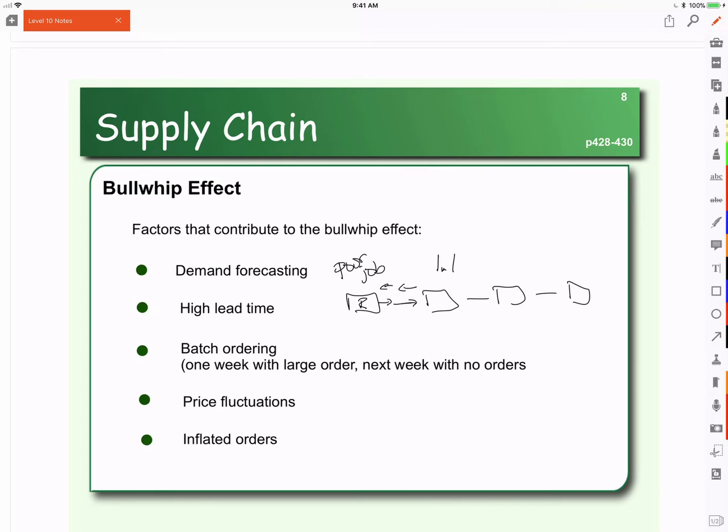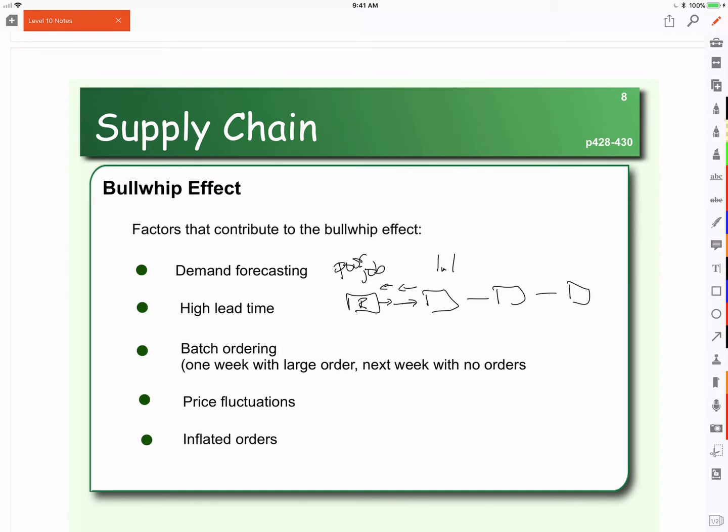Other price fluctuations: if you are waiting until it's cheap, you stock up and the price goes up and then you wait again. So we get inflated orders. We order too much. We don't know if it's going to be enough, so we stock up and then we have too much and then we don't buy for a while until that dwindles and then we buy a lot again.